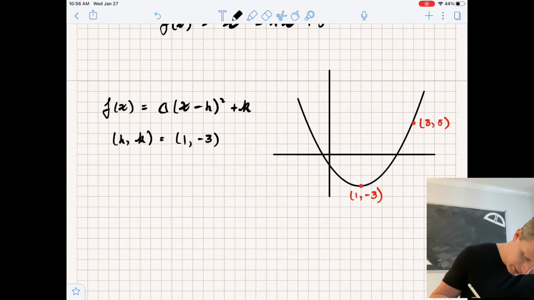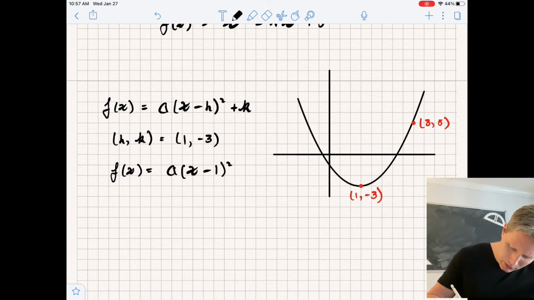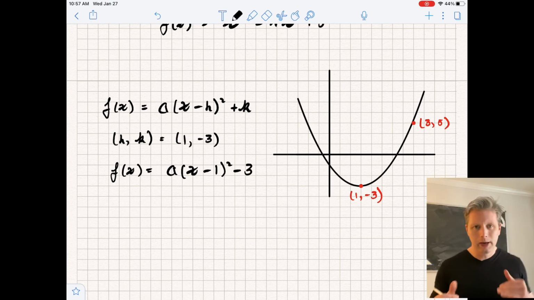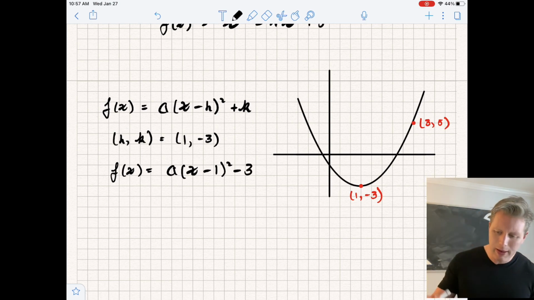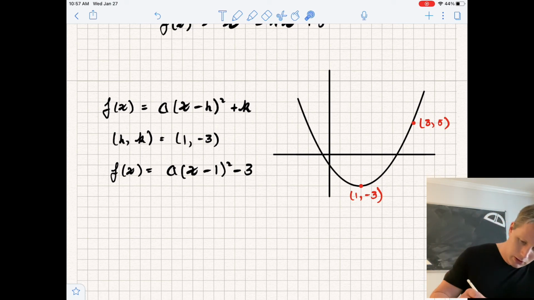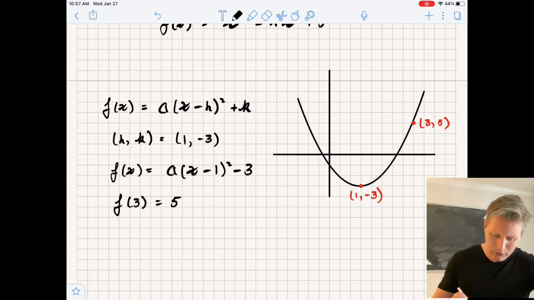And so f of x is equal to a times x minus 1 squared plus k, which is going to be -3. Again, I don't have my a value, but I can find that using my other point, 3, 5. I know that if the value of x is 3, then the function's value is 5. An input of 3 gives me an output of 5. Or f of 3 is equal to 5.